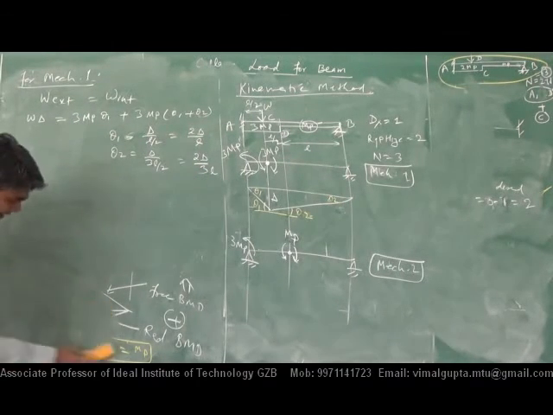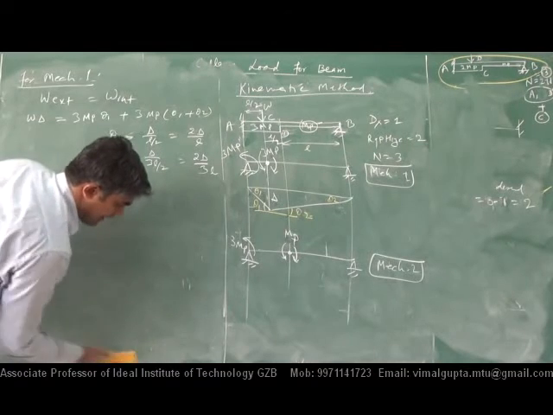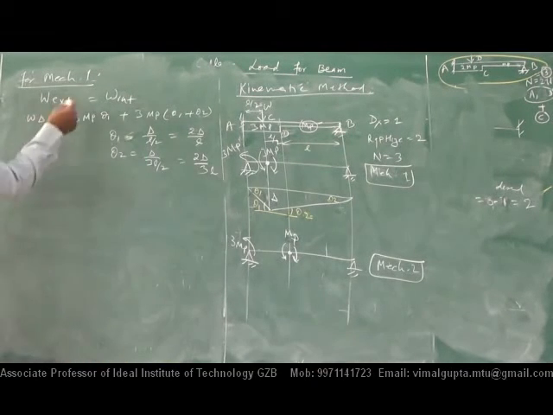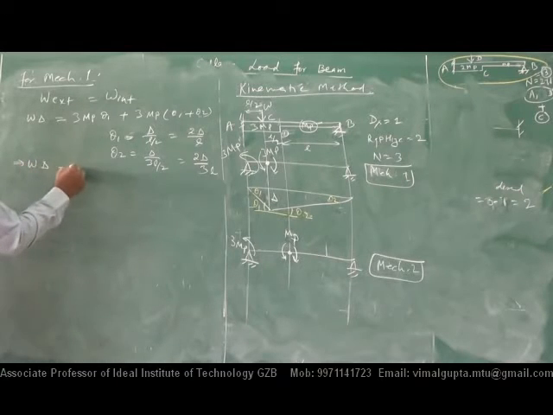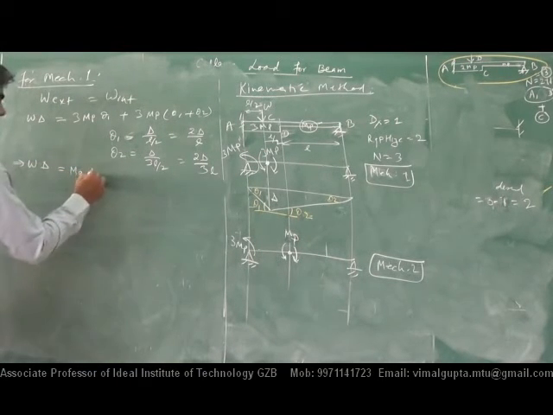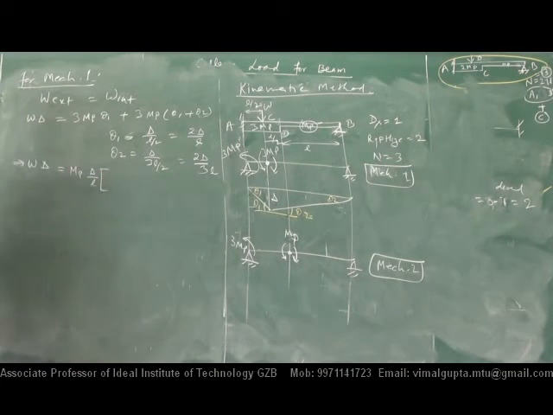And after putting that value, we can calculate W into delta equals to take common factor as MP into delta by L from that expression.